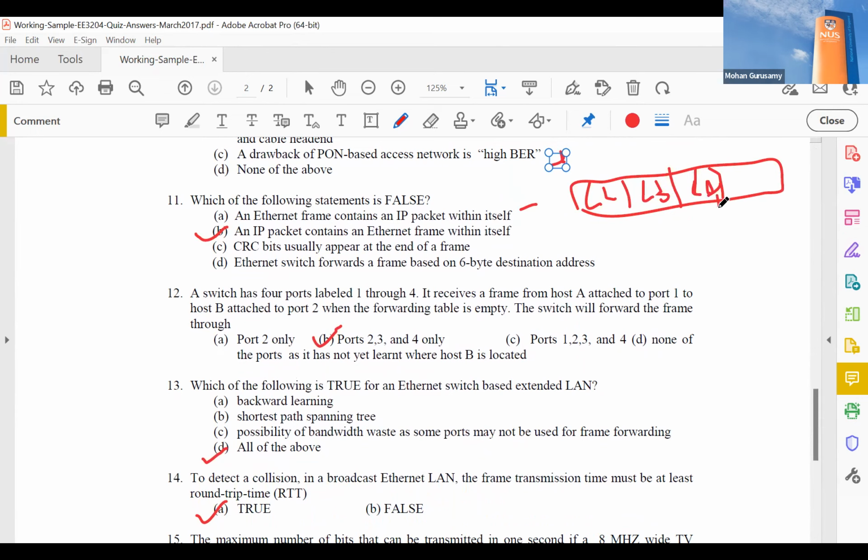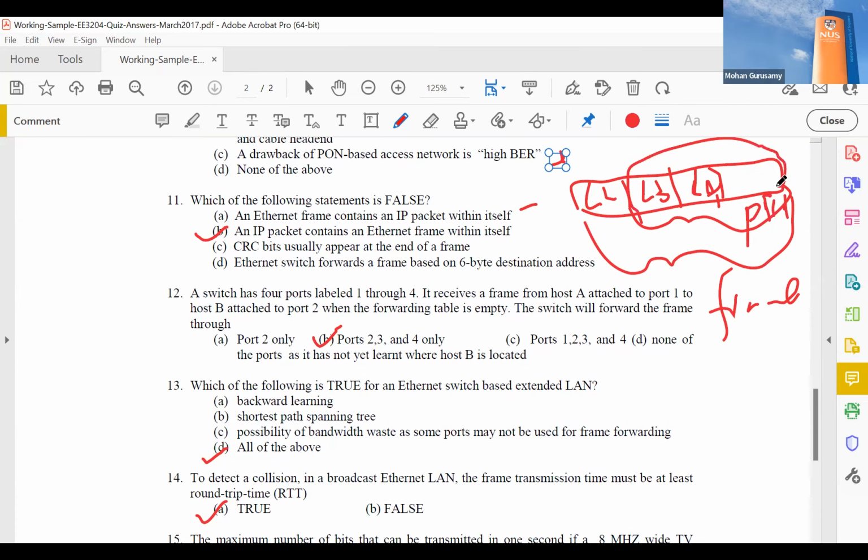Ethernet frame contains IP packet means this is a frame and this is the packet. So this is the IP packet, where the layer 3 header appears first. When you add the L2 header, the Ethernet header, it becomes a frame. So the first answer A is correct. It's true, but the question is which is false.